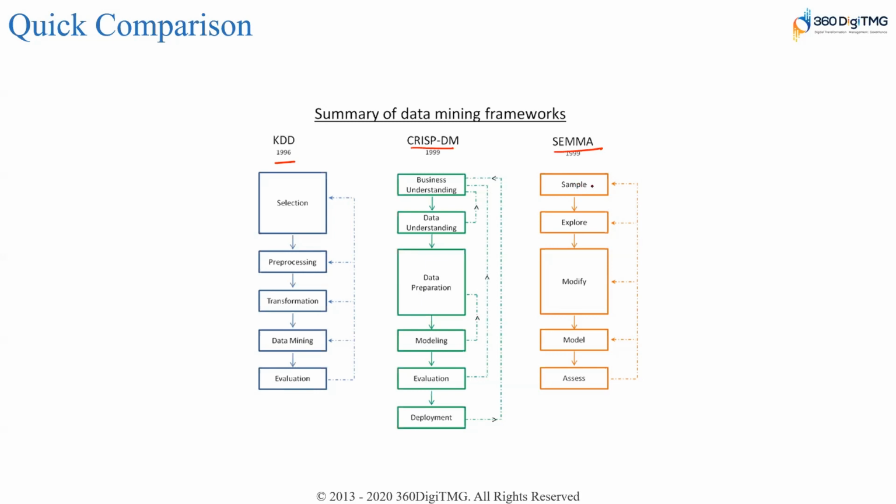SEMMA, it has a sample stage. It's important that you have a very good understanding about all aspects of business to ensure that the sample data you take can give you maximum information. Right? But off late, there has been a drastic rise in the amount of data, and the computational power has exploded. Hence, it doesn't really make sense.